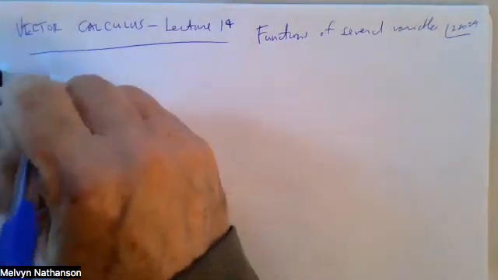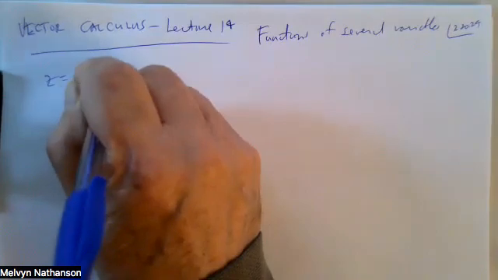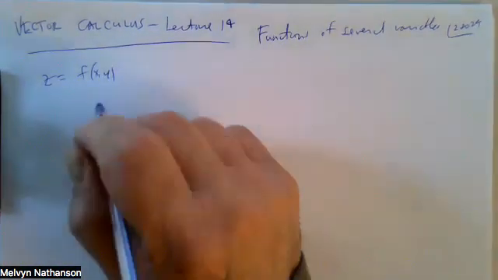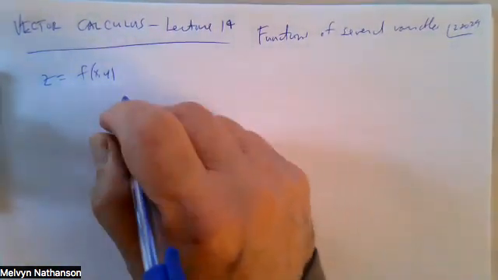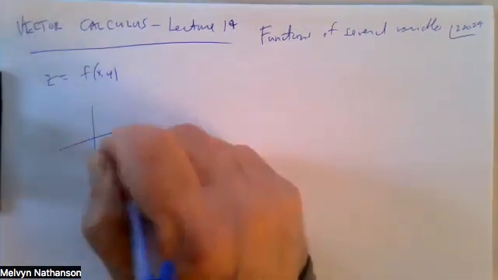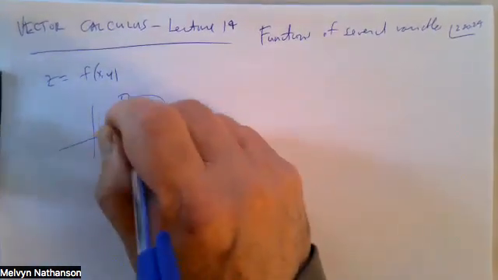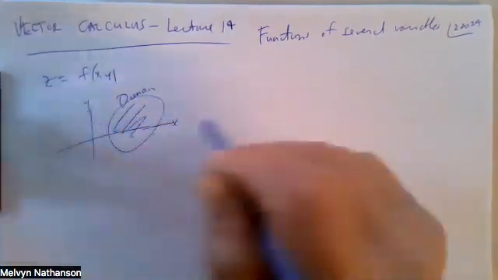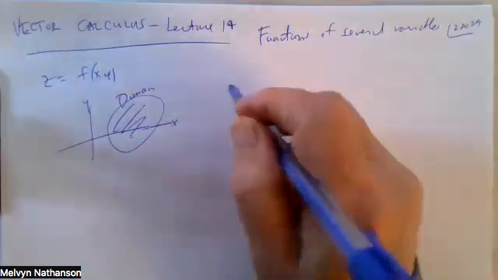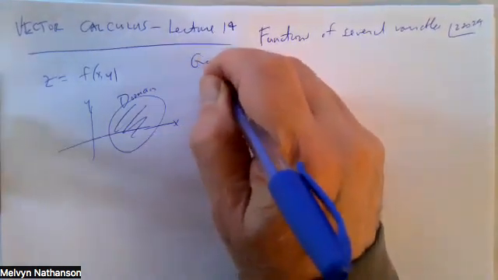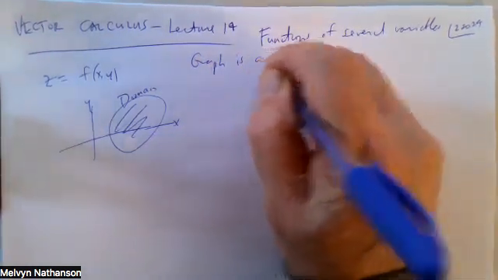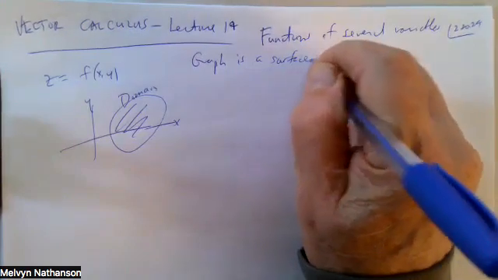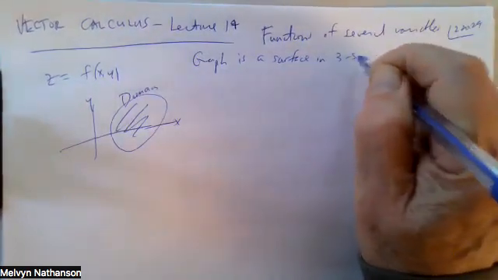So you could have a function of two variables, x and y, and if you have such a function, it might be defined on some domain of the xy plane, and the graph is a surface in three-dimensional space.